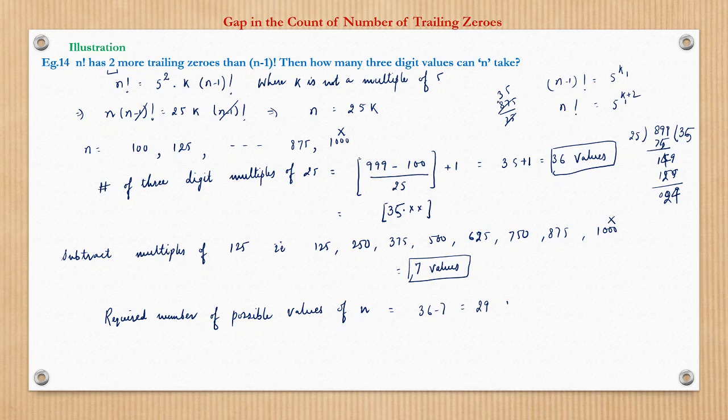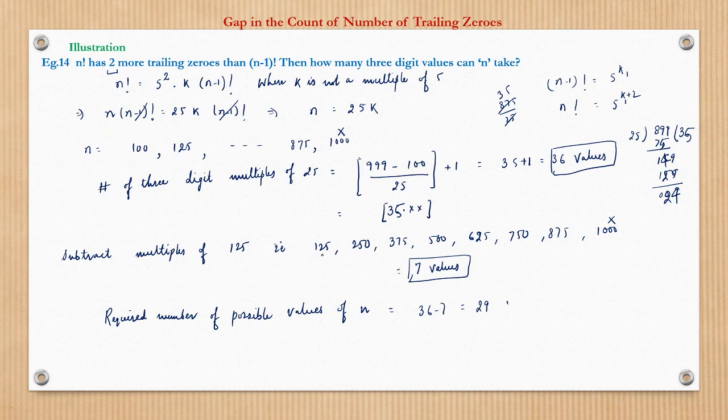So basically, it can take till 35, right? We had actually calculated this here also, but anyway, we can get through various ways. So now we have to find the number of 3-digit multiples of 25, which we calculated using the highest 3-digit number minus the lowest 3-digit number upon the common difference 25, plus 1. So this becomes 35 plus 1, 36 values.